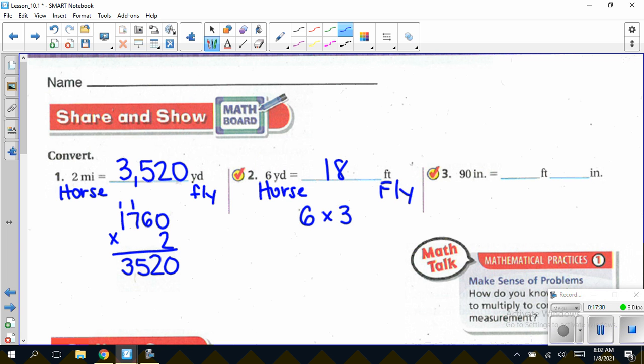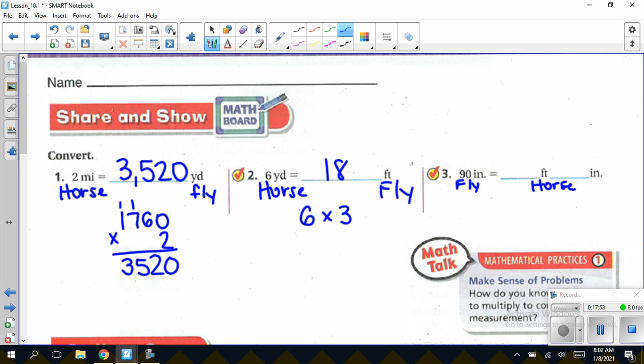Number 3, notice we are converting 90 inches into feet and inches. Remember when I told you that there are 2 blanks and one of those blanks is still in the same unit of measure? That automatically tells us that we need to divide, or you can just know that an inch is smaller than a foot, so fly to horse, divide of course.